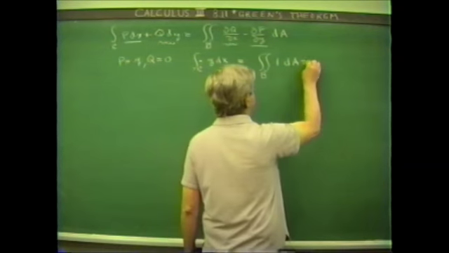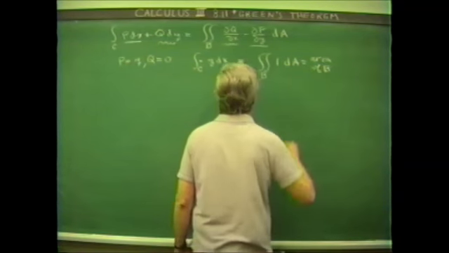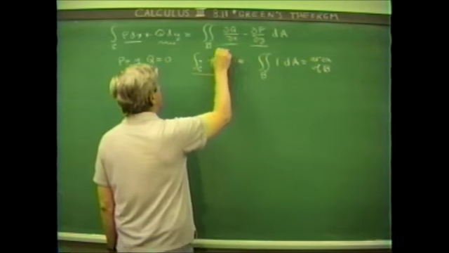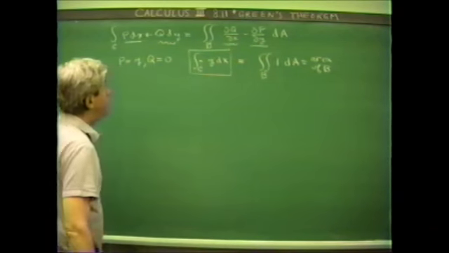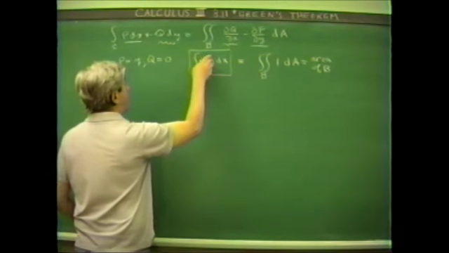This, of course, is the area of B, and it indicates that you can compute it by computing the integral around C of minus y dx.